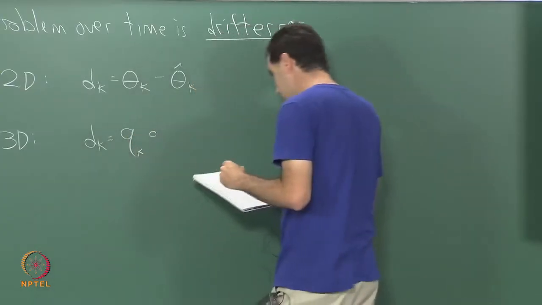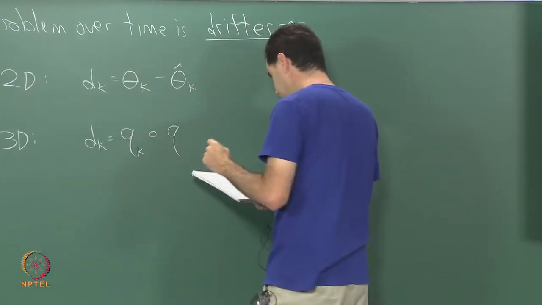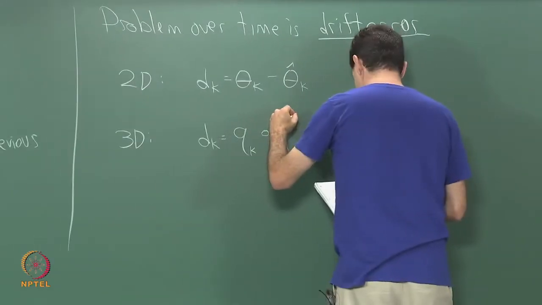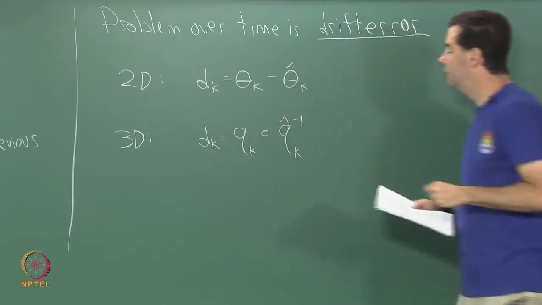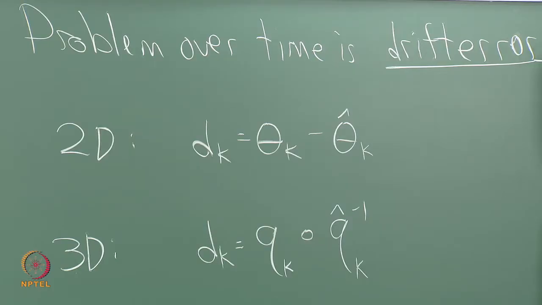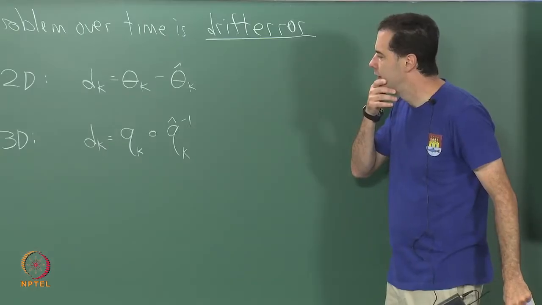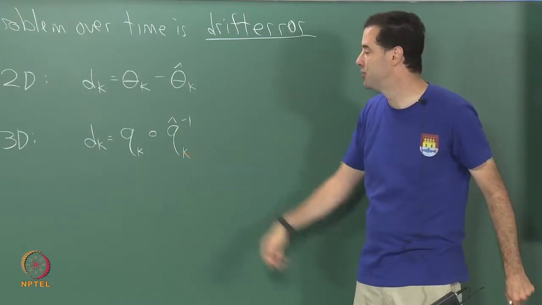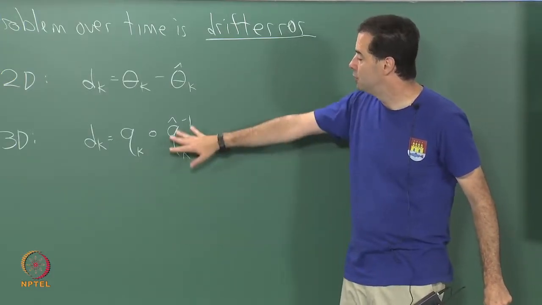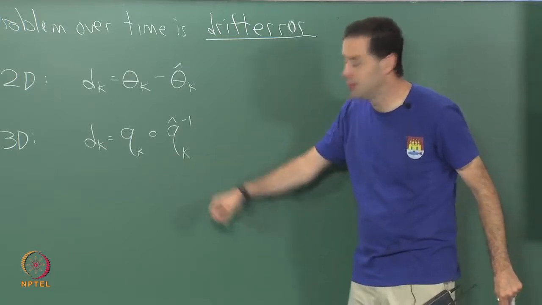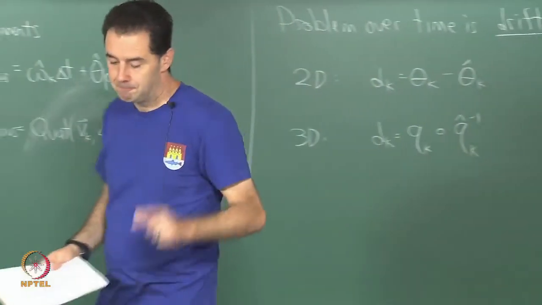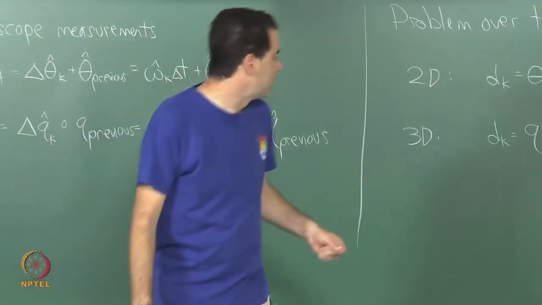Then I essentially subtract off my estimate, q hat inverse. I could go in either direction with this as well. I'll get two different results, but they're both measurements of the error. Depending on which way I want the sign, I could have also written q hat inverse sub k, quaternion product q sub k. It's non-commutative, so it gives me an error in the other direction.